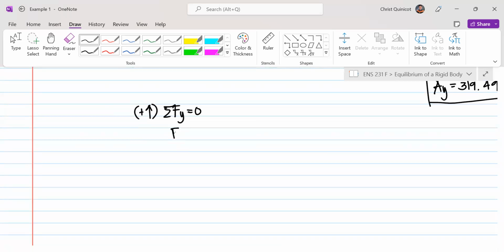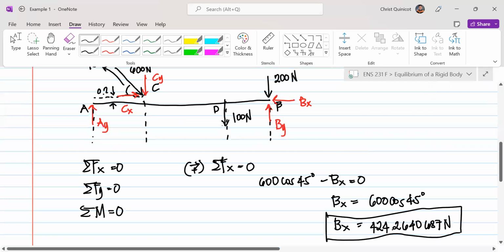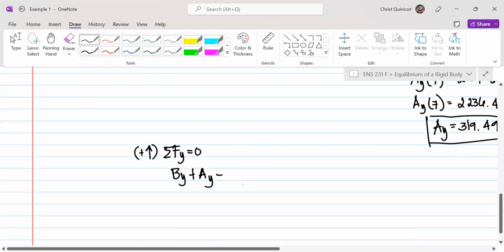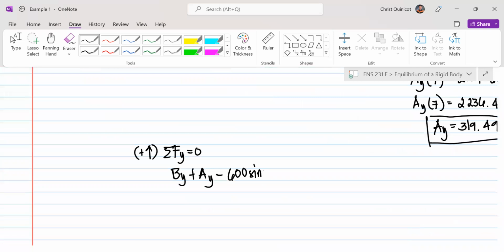So that is B sub Y plus A sub Y, and then all are minus because they are going down: 600 sine 45, minus 100, minus 200 is equal to 0.